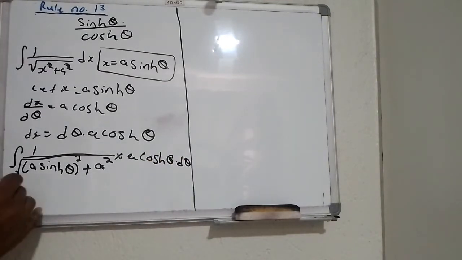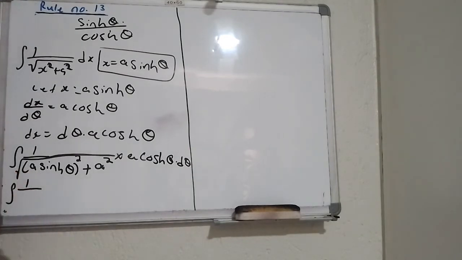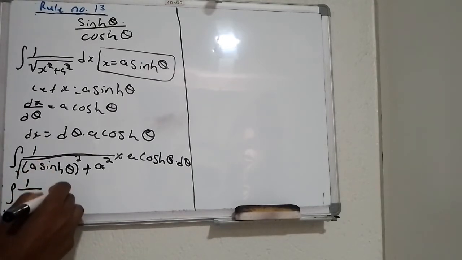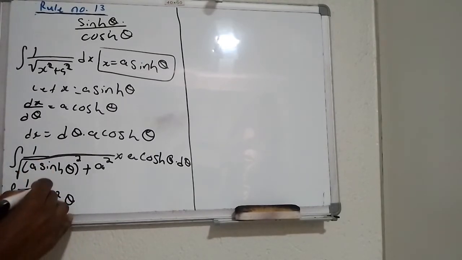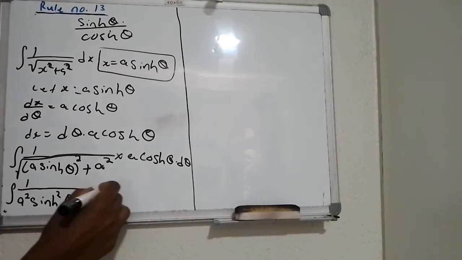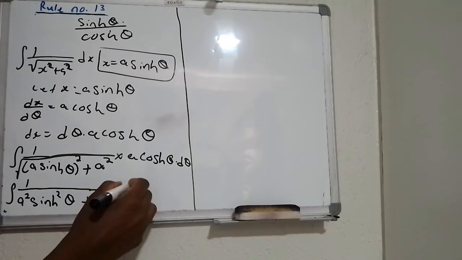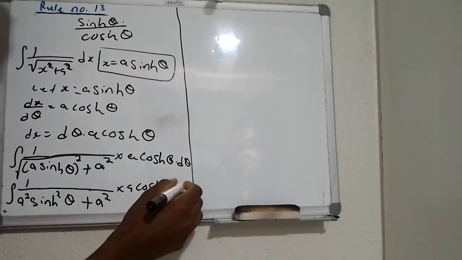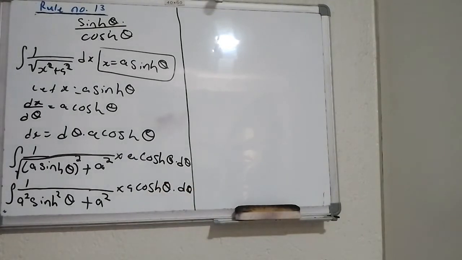Then what I'll have is the integral of 1 over the square root of a squared hyperbolic sine squared theta plus a squared, multiplied by a hyperbolic cos of theta d theta.